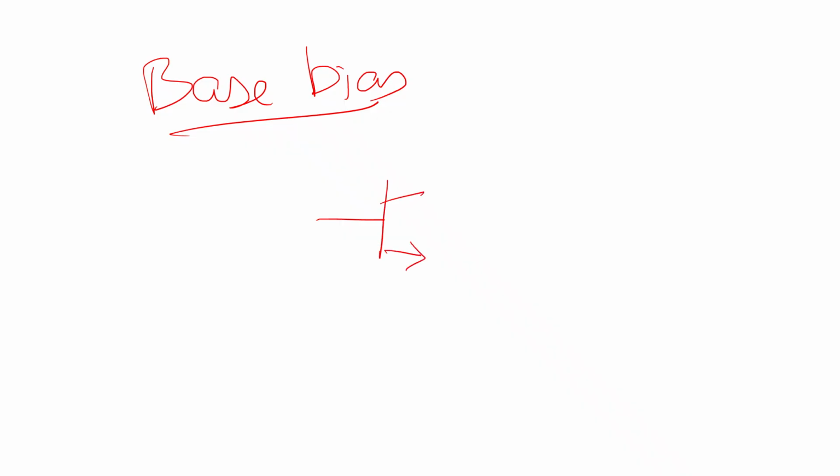Now I'm going to draw a base bias circuit using BJT. I have taken the NPN configuration only. We have to give proper biasing, isn't it? The biasing along with the suitable resistors connected to the BJT is called a proper biasing circuit.